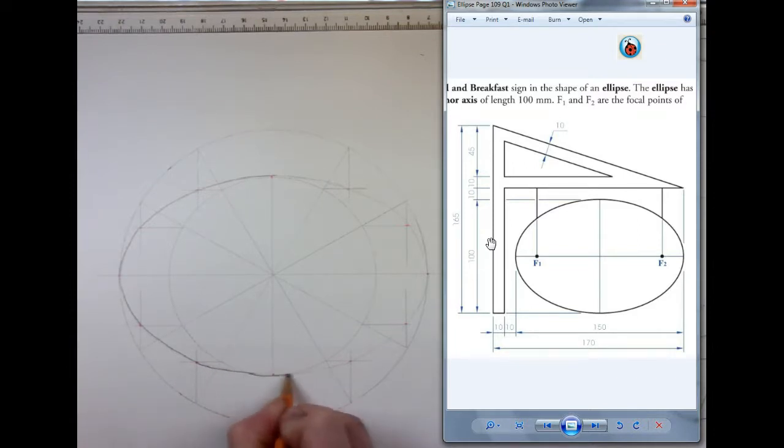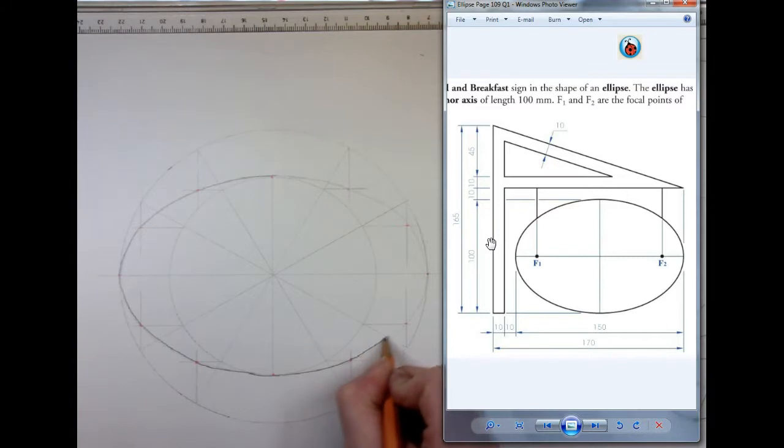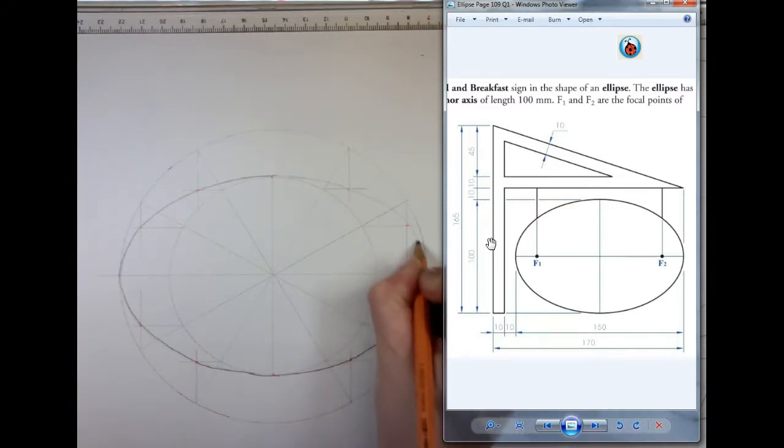Very important we cut all of our points. If our curve doesn't go through all of our points, it is not an accurate curve.